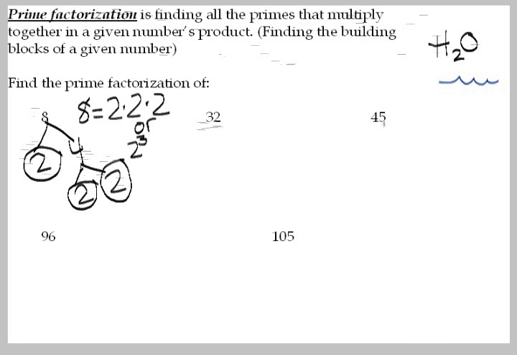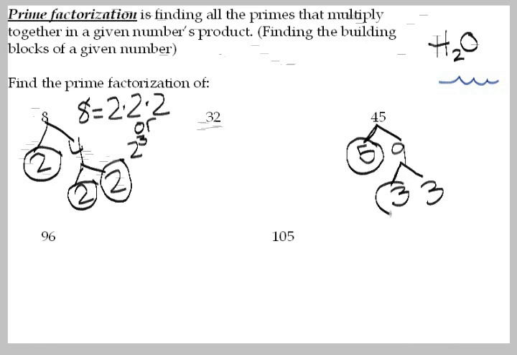Here we have the number 45. We'll break that down with a factor tree. What are two numbers multiplied together to give us 45? Well, 5 times 9. And is either of those a prime number? 5 is a prime number, but 9 we can break down further. 9 we can break down to 3 times 3.